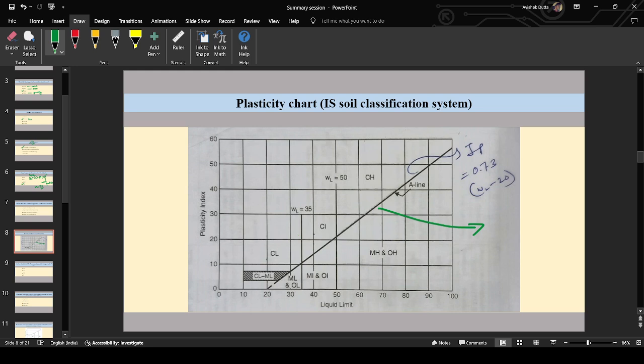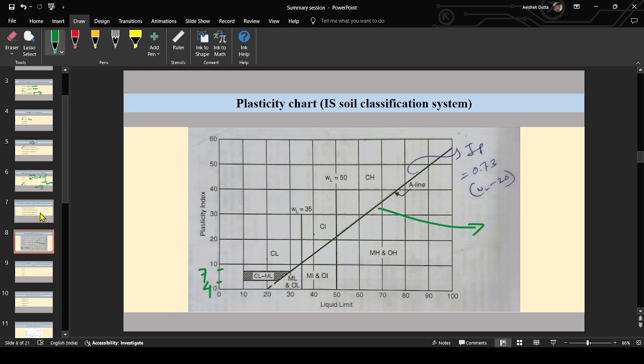Except this region which is shaded, it has clayey soil and silty soil of low plasticity, and this region extends from plasticity index of 4 till plasticity index of 7. Okay, so I think the graph is clear.